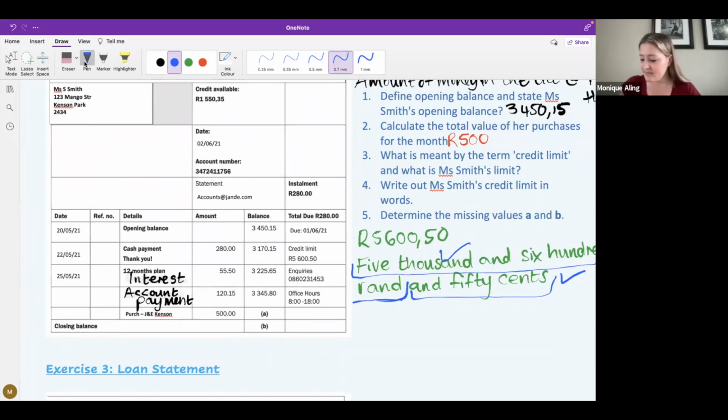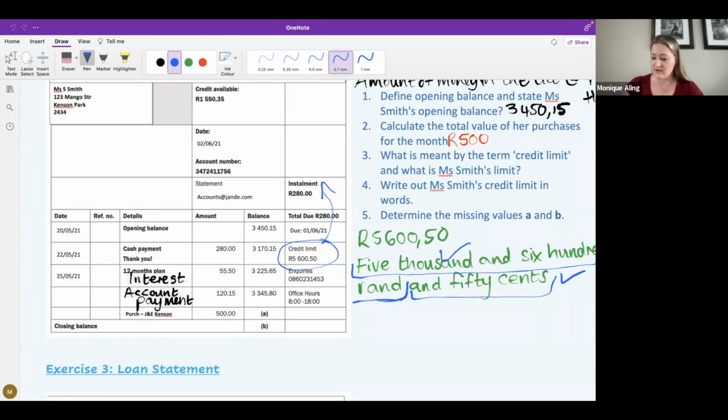Credit limit means that's how much the store has agreed to lend her. So she's allowed to go wild and buy 5,600 rands worth of stuff if she wants to. But then that's it. She can't go any more. But now obviously she's going to have to pay it back over a few months. And remember, when you pay something back over a few months, that's called an installment, which is shown over there.